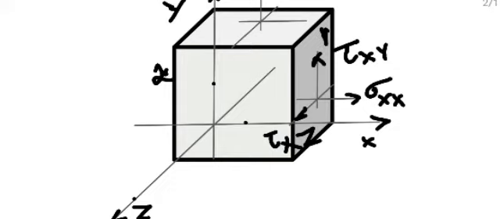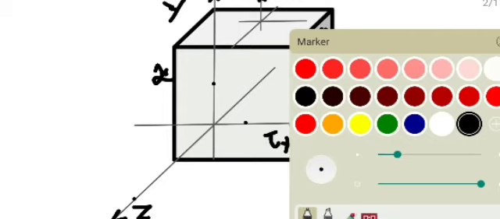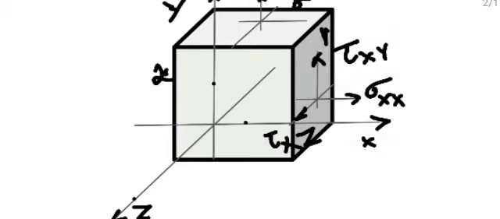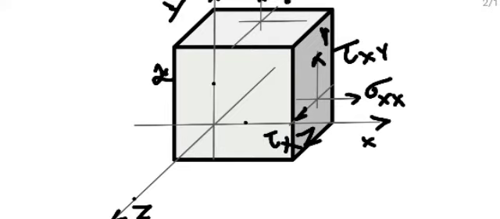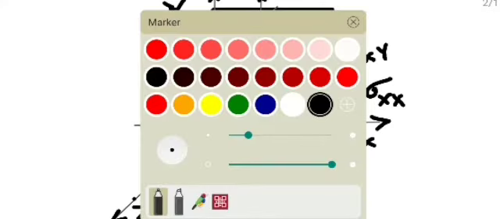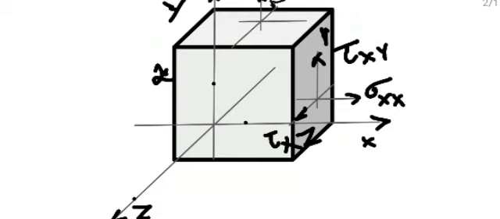Now if I am considering the topmost plane, perpendicular to that plane we have tensile stress sigma, acting in a plane whose normal is y, and it is acting in direction y, so sigma y.